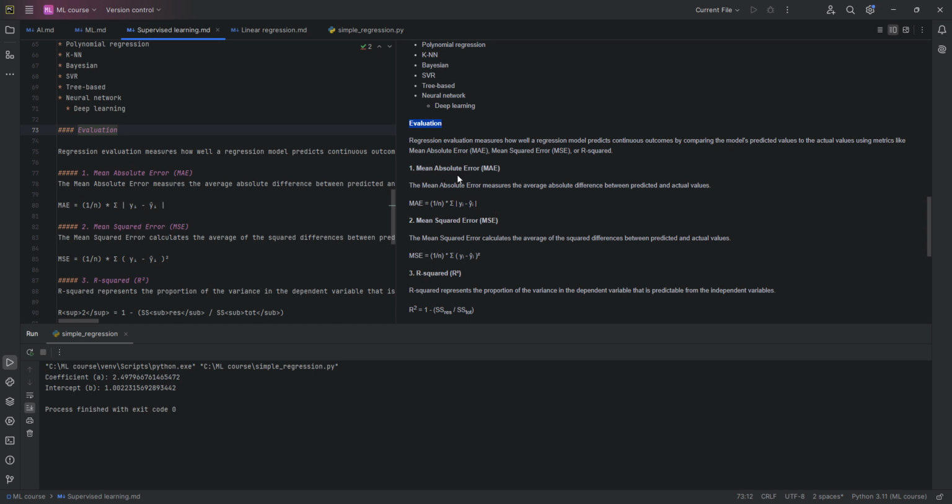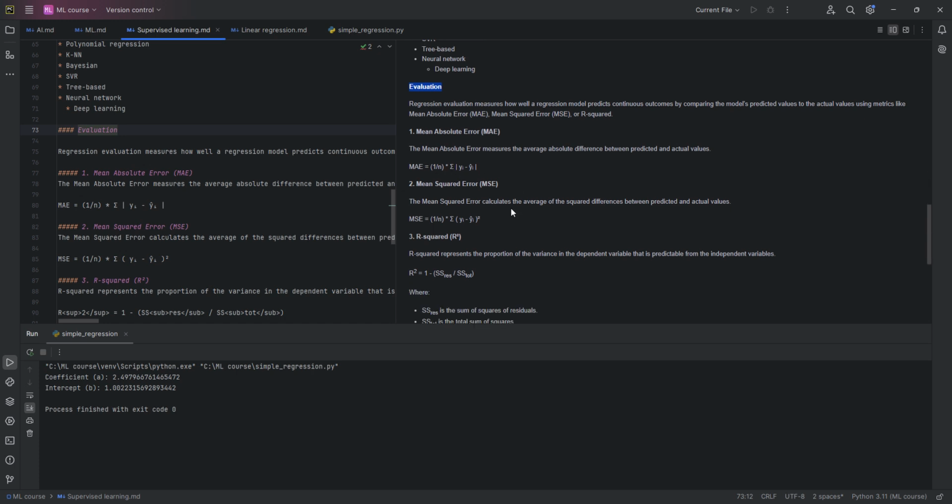One is mean absolute error, MAE, and that's calculated by calculating the difference between the predicted and the actual value of y, summing up the absolute values, and dividing by n. That's the mean absolute error, and it's going to tell you on average how far your predicted is from the actual.